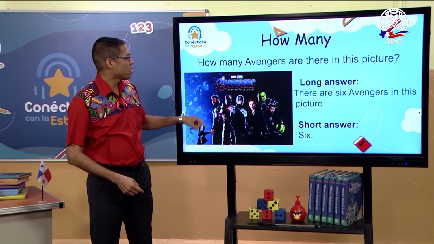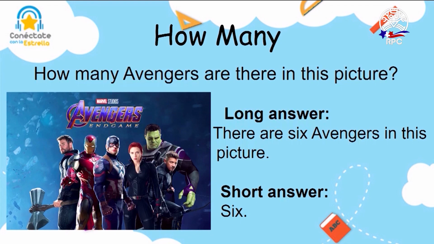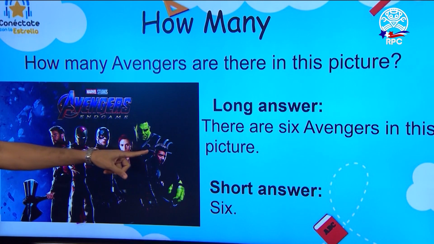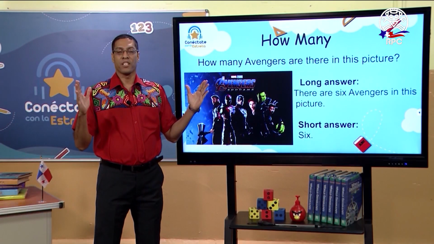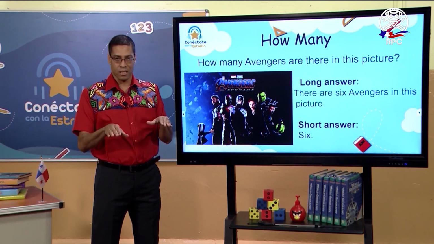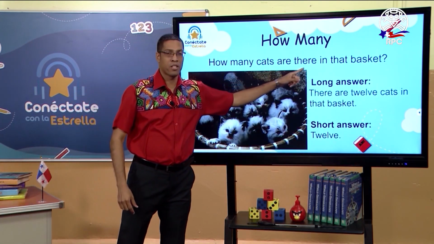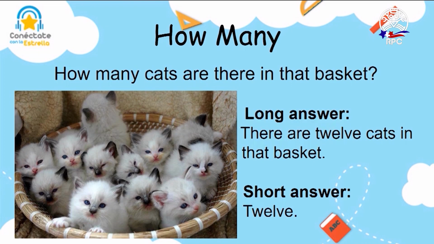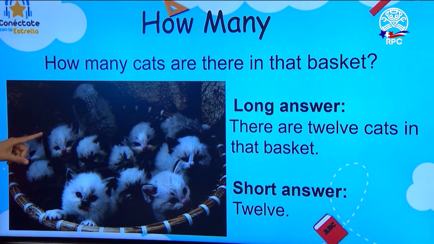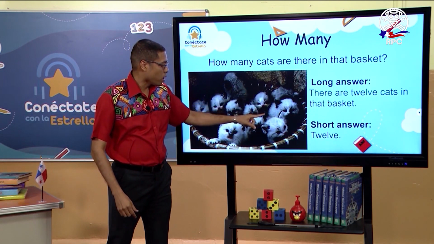Next question. How many Avengers are there in this picture? How many? Let's count. 1, 2, 3, 4, 5, 6. Long answer. There are 6 Avengers in this picture. Short answer, 6. Next question. How many cats are there in that basket? Let's count. 1, 2, 3, 4, 5, 6, 7, 8, 9, 10, 12.